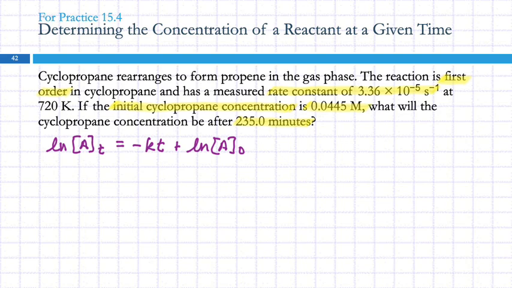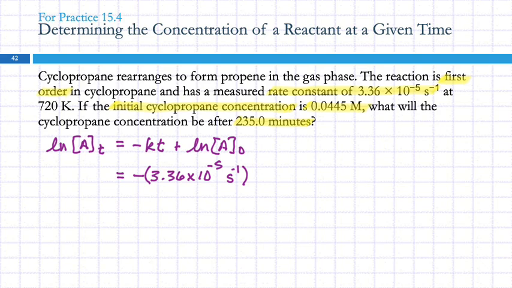Okay, well, let's start plugging things in here. We're told what the rate constant is. So negative rate constant, 3.36 times 10 to the minus 5. It's always a good habit to write all the units in. Here it doesn't really help us out that much, but a little bit.